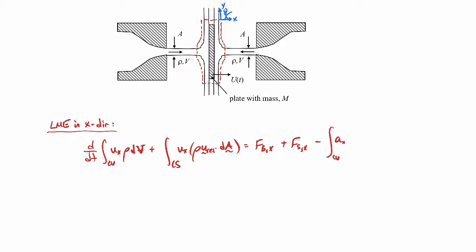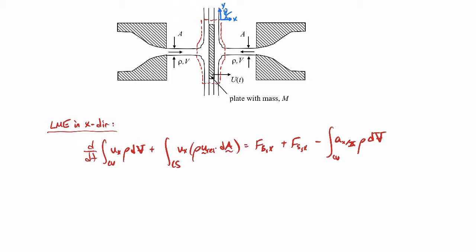So this term that I'm writing right now, that's the acceleration of our coordinate system right here with respect to an inertial coordinate system, or like one that's fixed to the ground, and then we multiply it by rho dv, which is like a little bit of mass all inside the control volume. So that's our linear momentum equation in the x direction.